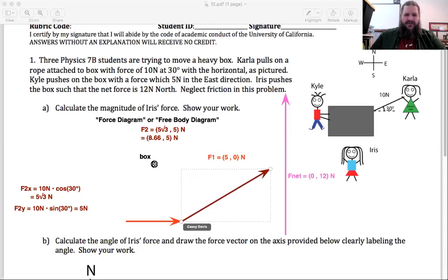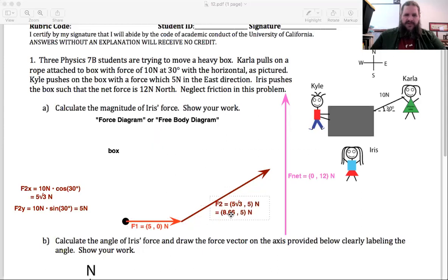So let's try this. From some starting point, we add vector f1 plus vector f2 plus some unknown vector f3, and we need the result to add up to this f net. And generally the f net, the total force or total of all the vectors added together, is from the original starting point to the final ending point.